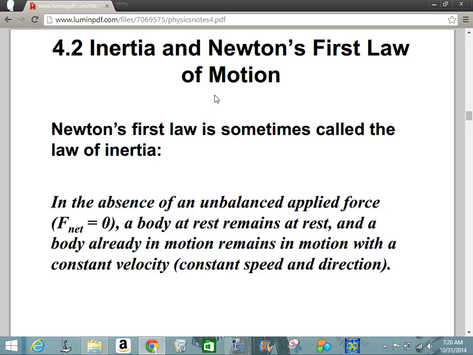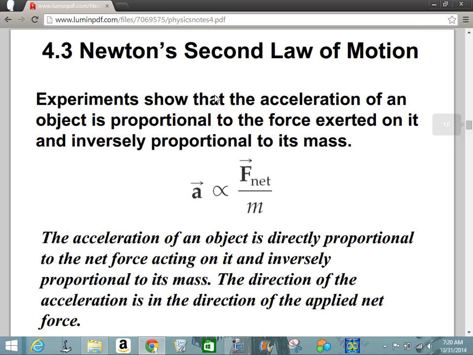Basically it's like this: in the absence of an unbalanced applied force, in other words, the net force applied to an object is equal to 0, a body at rest remains at rest, and a body in motion will remain in motion with a constant velocity, or a constant speed and direction.